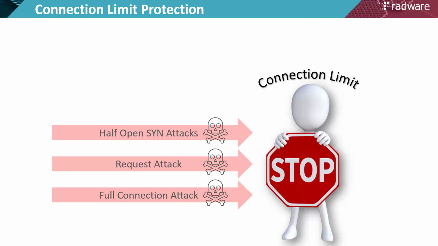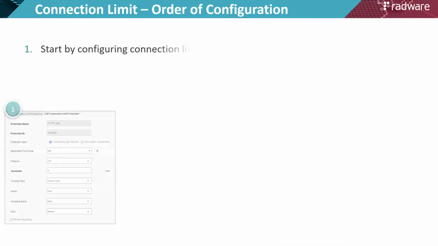Connection limit protection protects you against half-open SYN attacks, request attacks, and full connection kinds of attacks. For configuration, you need to go to the DefensePro profile and select the connection limit parameter. Here we have a few things. You can specify the threshold above which you want to do the rate limit.